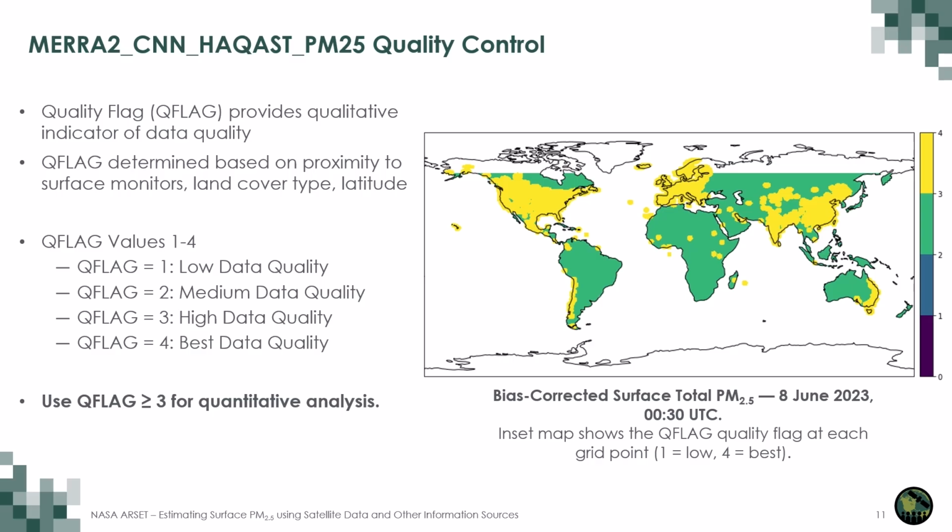The quality assurance flag ranges from 1 to 4, where 1 represents low quality and 4 represents highest. For most quantitative analysis, we recommend using data with a flag value of 3 or 4. The map on the right shows how this quality level varies across the globe. As you will notice, the flags are higher where the ground monitor density is high.